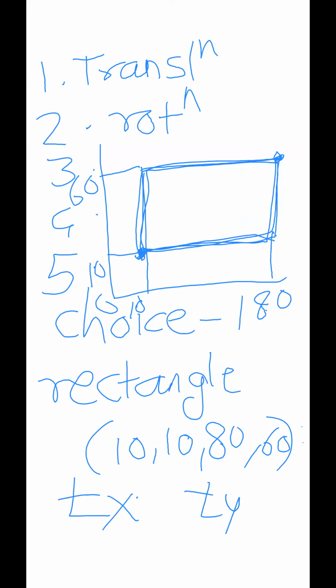Suppose I give tx as 50 and ty also as 50. What will happen? I have to shift this rectangle 50 units right and 50 units up. So 50 units right, that is 10 plus 50, is 60. This is also 10 plus 50, that is 60 on this line.